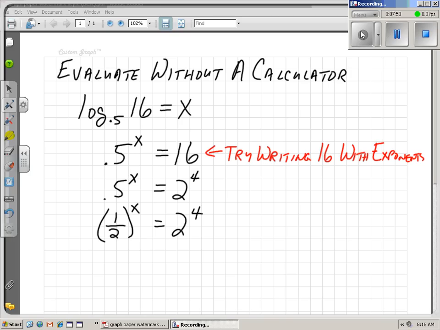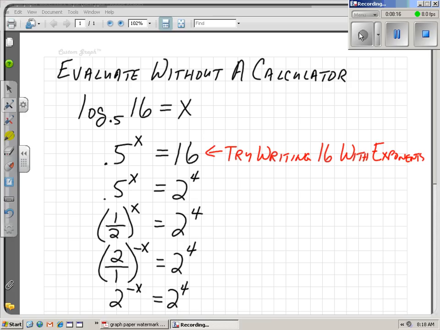Now the 2 on the 1/2 is on the bottom. I would like that to be flipped over so it's a regular 2, just like my 2 to the 4th. How do I flip fractions over? I just make their exponent the opposite sign. So it'll look like that. Well, 2 over 1 is really just 2. So what I have is 2 to the negative x. So I have 2 to the negative x equals 2 to the 4.